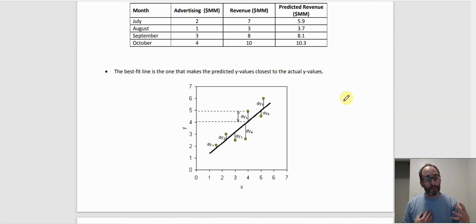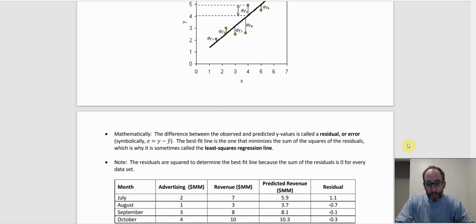So in terms of what's best fit, it's what's going to fit your scatter plot the best. All these little vertical distances, it's trying to minimize those generally, rather than any one specific one, kind of doing it in aggregate, to get it as close as you can for all of them at once.